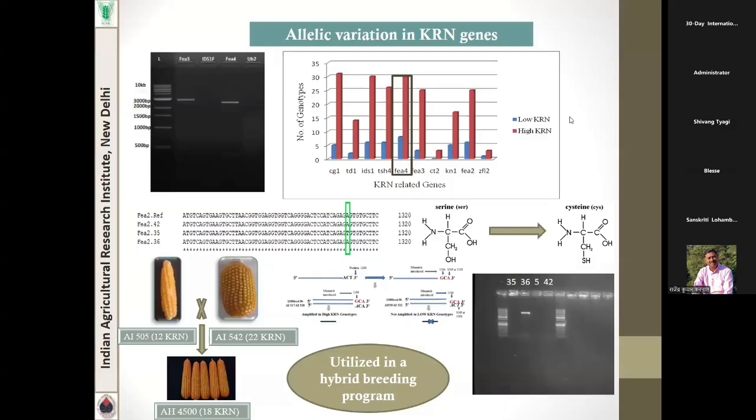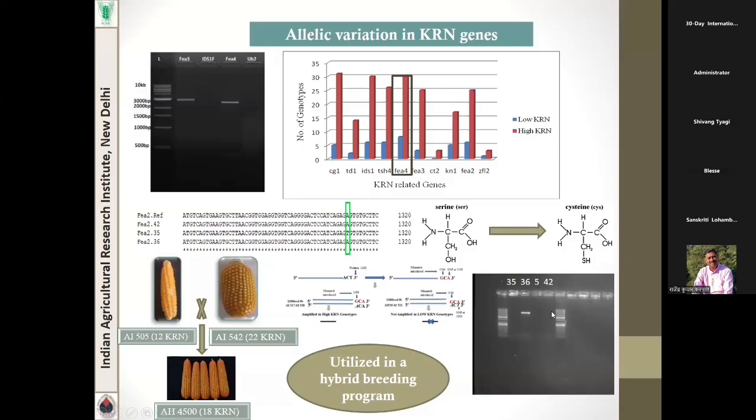That's why we first understood the kernel row number genes, how they are operating in our genotypes, and we developed markers with which you can differentiate 35 from 36. In 35 there is no marker signal, and in 36 there is amplification of this particular marker. The same way 40, this 5 and 42.